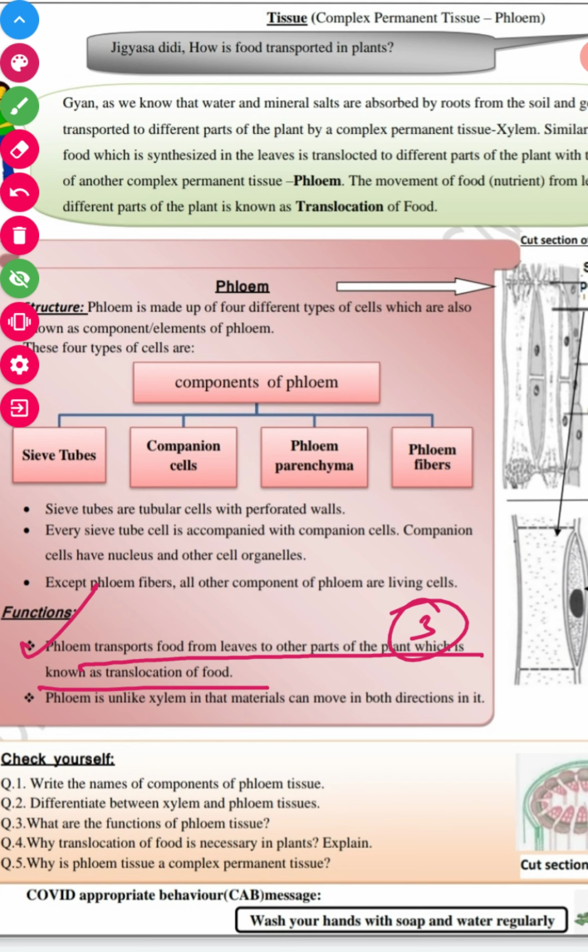Why is translocation of food necessary in the plant? Yes, it's very important. Translocation is essential since without it, the food prepared by the leaf of the plant could not reach the other parts of the plant.